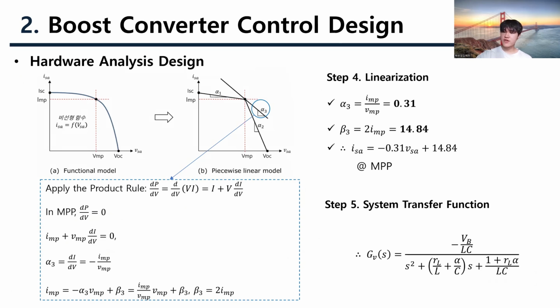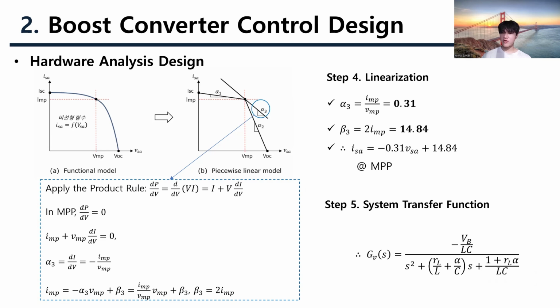For software design, we first need to linearize the PV panel's nonlinear IV characteristics around the MPP to derive a usable panel model. Applying the product rule to P equals V times I and setting dP over dV equal to 0 at the MPP, we obtain the slope of the IV curve.